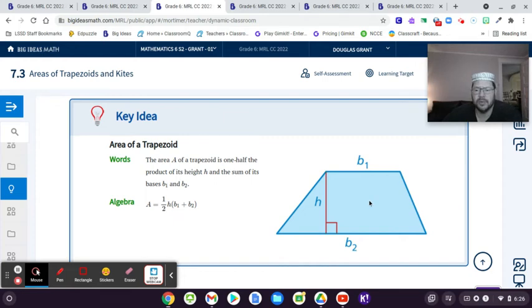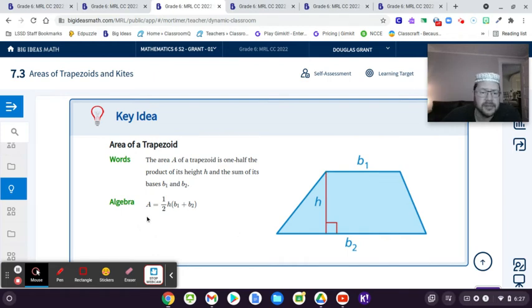Now, because B1 is different than B2, the two bases use these little subletters here. So this you call base 1, this you call base 2, and they're interchangeable in terms of the formula. Now notice the height is at a 90-degree angle to the bases, just like it is for a parallelogram or a triangle. And then the formula, this is where it gets weird.